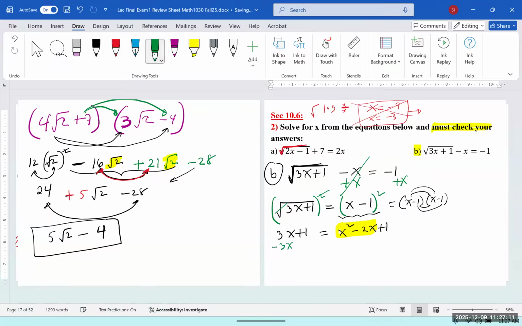So you subtract 3x and you subtract 1. So you get a big 0 on one side and you get x squared minus 5x on the other side. The plus 1 and minus 1 cancel out. So we have two terms.